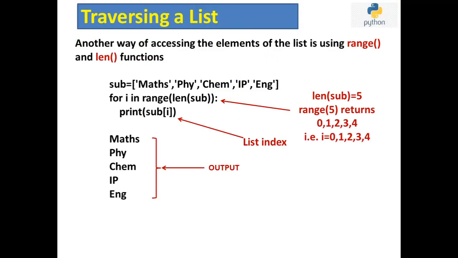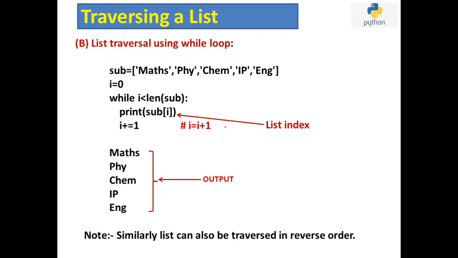Let's see the next slide. Using a while loop we can also do traversal. The same list is taken, 5 elements are there. We have to start from 0 if we want to print elements from the starting. We will take I as 0.